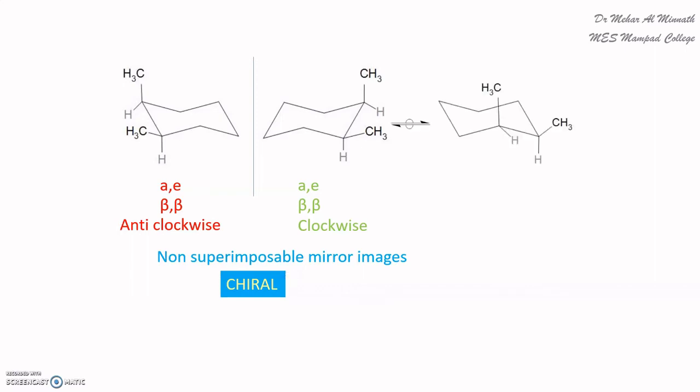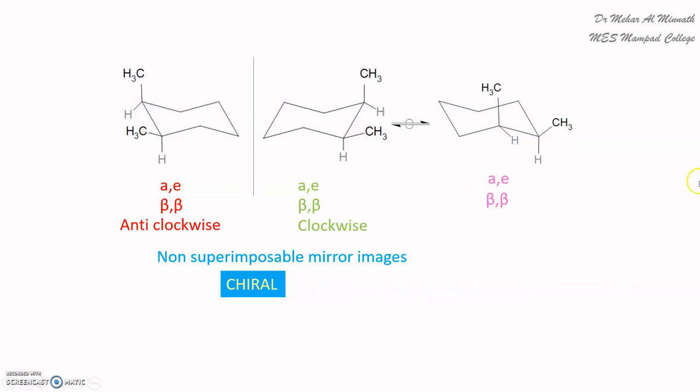Scientists could not separate them. The reason for that, we'll see, is that when we flip the molecule, we get this chair conformer wherein the axial substituent has taken up the equatorial orientation and the equatorial substituent has taken up the axial orientation. Now when we see, again, it is axial equatorial, it is again beta-beta.